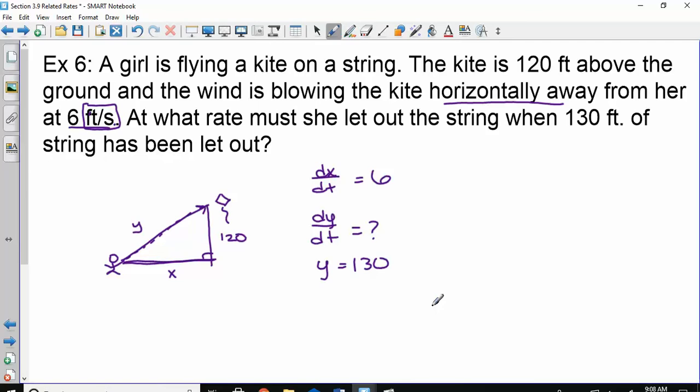We're going to need x at that instant. If you don't find it now, you'll notice when you go to plug in things after your derivative that you're missing something. So we could find our x at the instant when my y is 130. How would I do that? x squared plus 120 squared equals y squared. But we're looking at the instant when my y is 130.